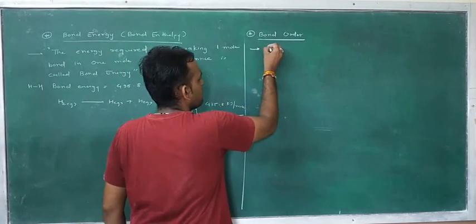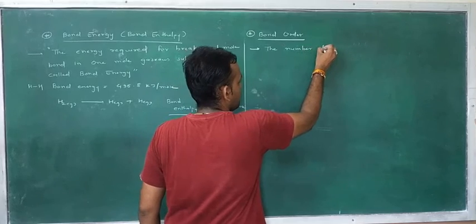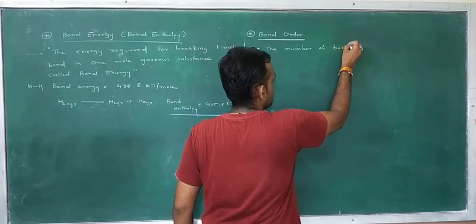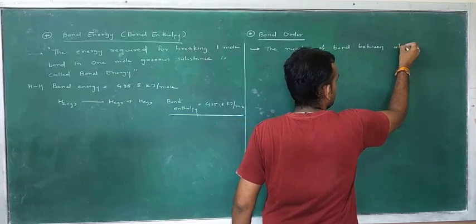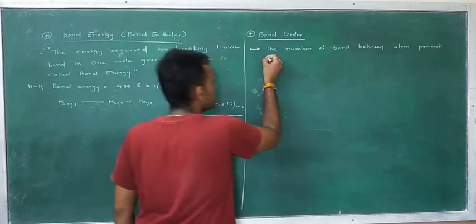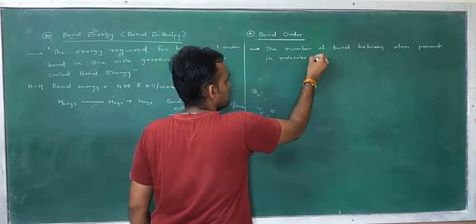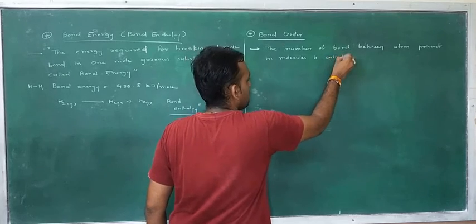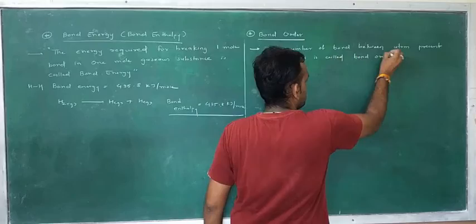The number of bonds between atoms present in the molecule is called bond order.